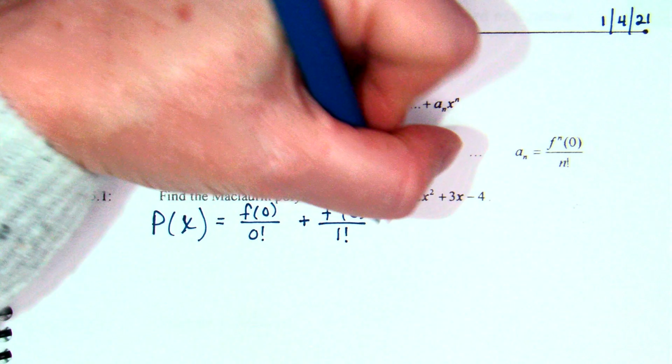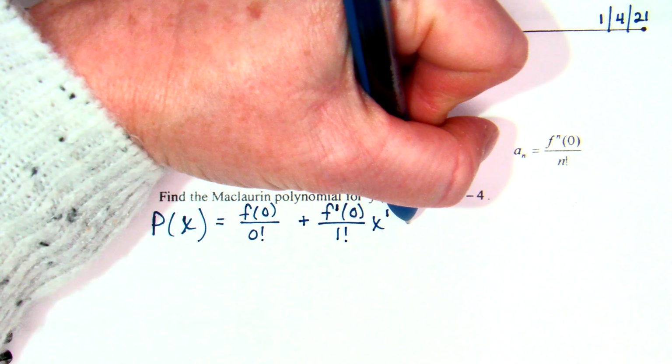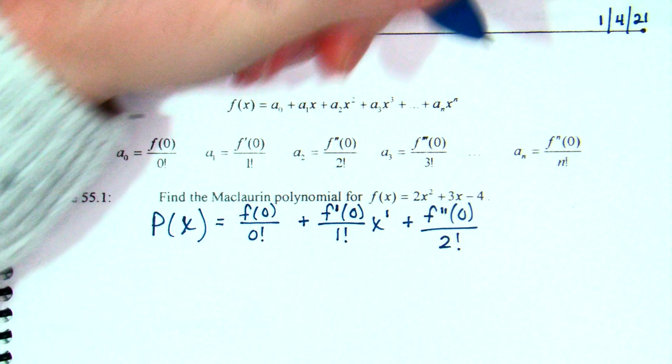Officially, I guess we could say that first term was x to the power of 0, because when it's x to the power of 0, the x doesn't exist. Here's x to the first, plus, and we keep going, right? The next one is the second derivative evaluated at 0 over 2 factorial, times x to what power? X to the second.